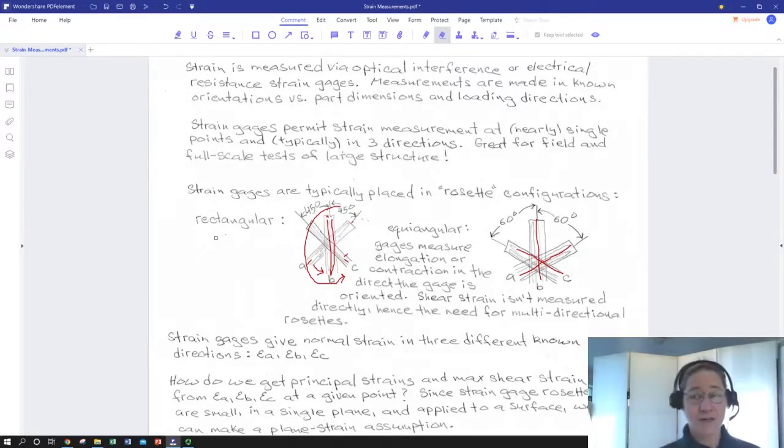But we know the directions, or we know the angles between them, we know the center of the circle, so all we have to do is a little bit of right angle trig to get those Y components which correspond to shear. And it's also obvious why we have to put them at different angles, because by putting these at multiple different angles, we are able to indirectly capture the shear strain, and the Mohr circle is really the easiest way to represent it.